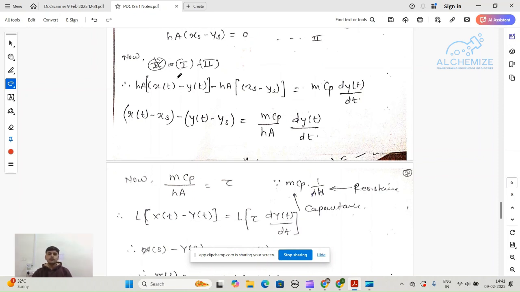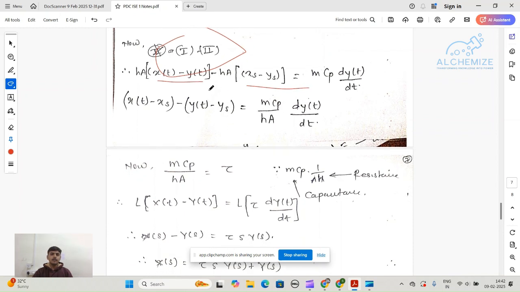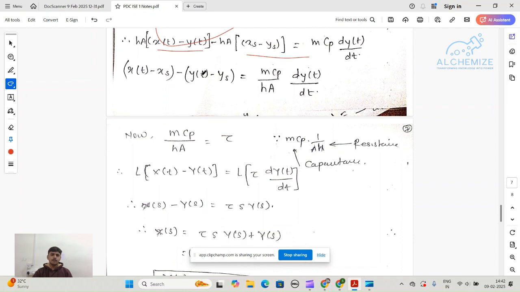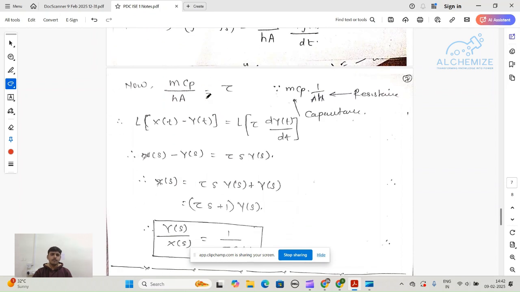So as usual, we will subtract equation two from equation one. So my equation, instead of this and this, I am writing capital terms here.